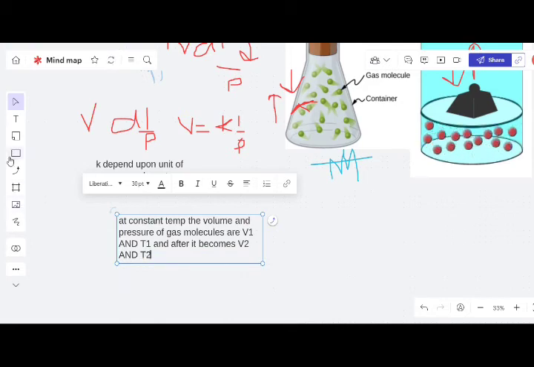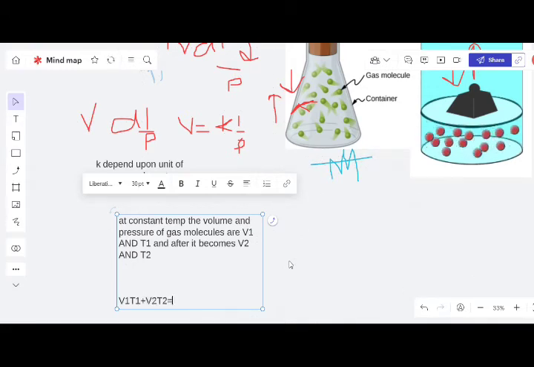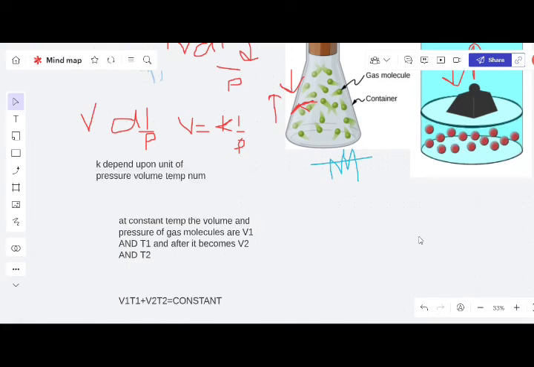So we can write it as P1V1 = P2V2 = constant. This is also a way of writing the Boyle's law equation.